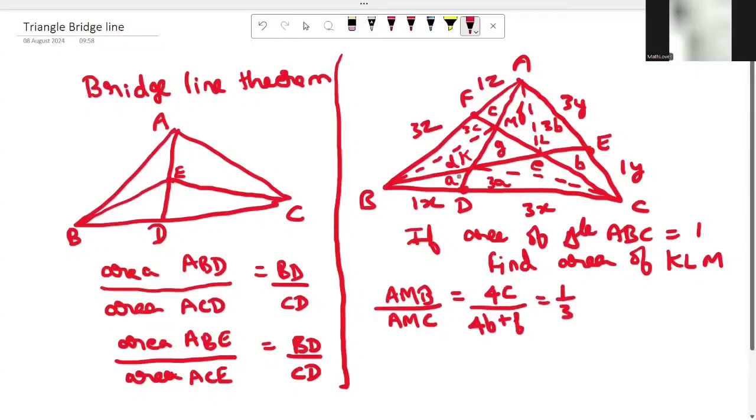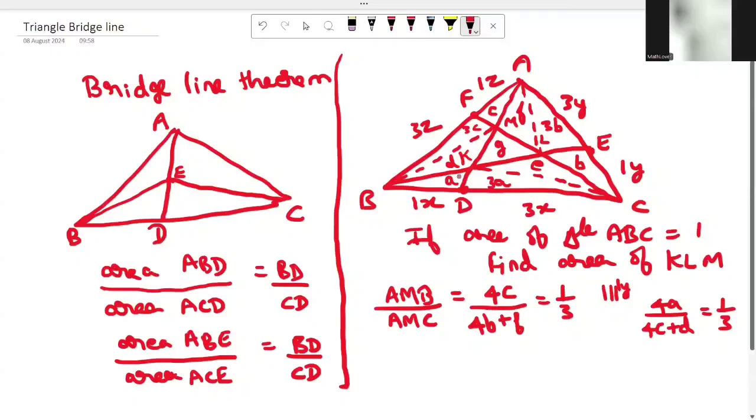Similarly, we can write for the other things. If I consider with respect to point K, then 4A by 4C plus D will also be 1/3.